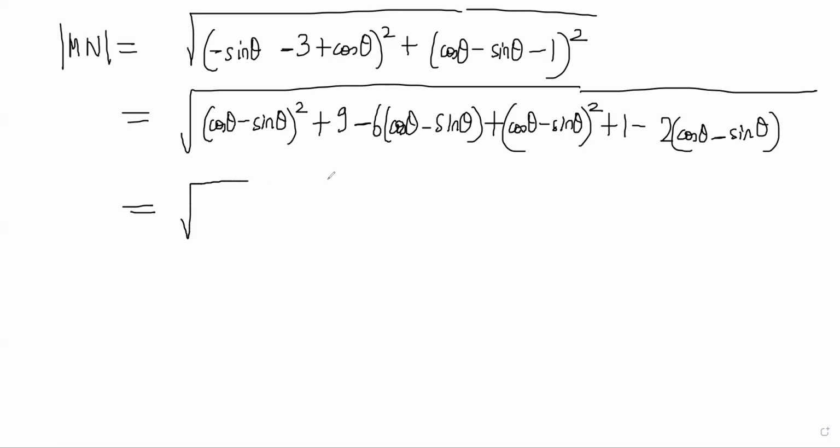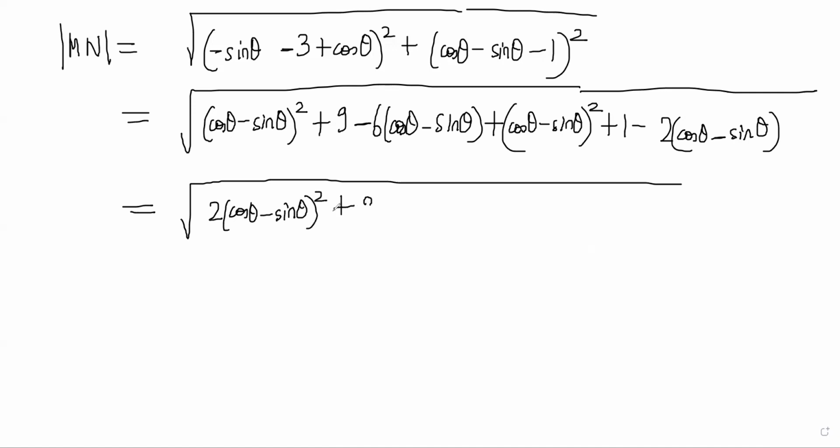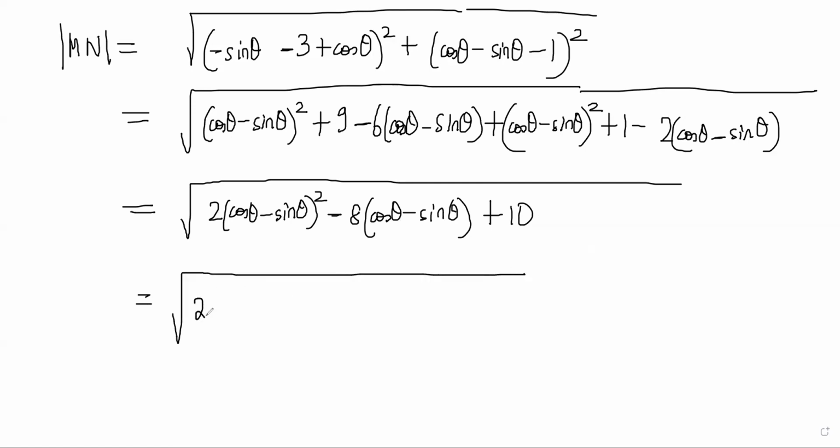That can be simplified further as 2 times (cos theta minus sin theta) whole square minus 8 (cos theta minus sin theta) plus 10, and that can be written as 2 times ((cos theta minus sin theta) minus 2) whole square plus 2.